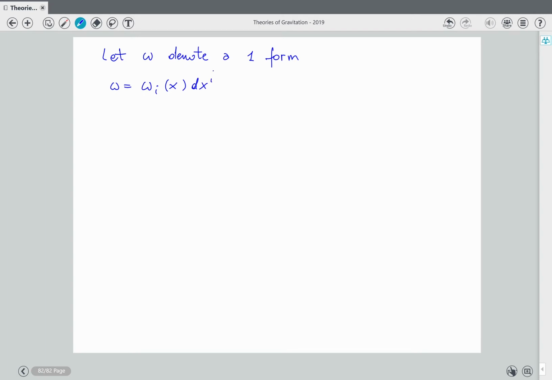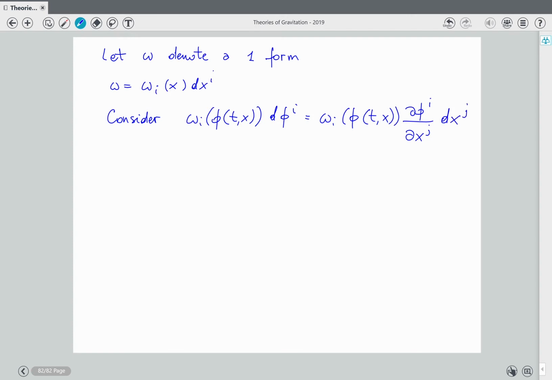Again, we flow it, which means consider omega I of phi t x d phi, or omega I of phi t x partial phi I partial x j dx j.